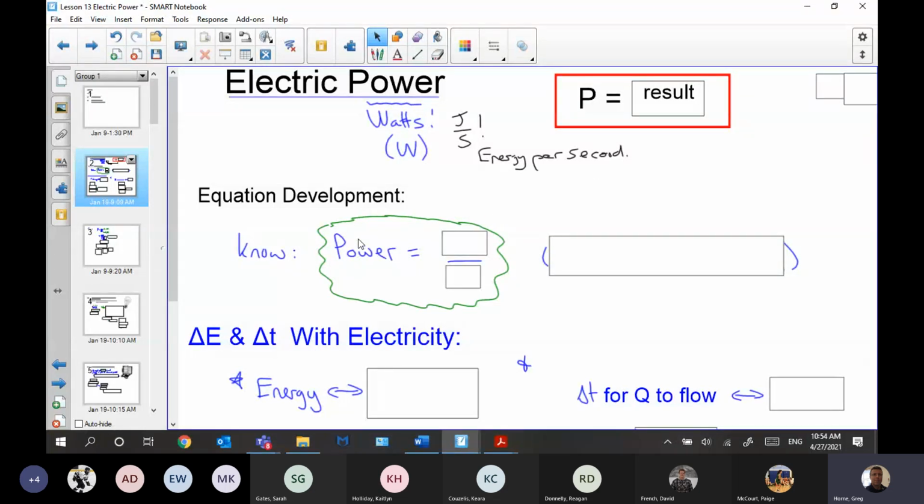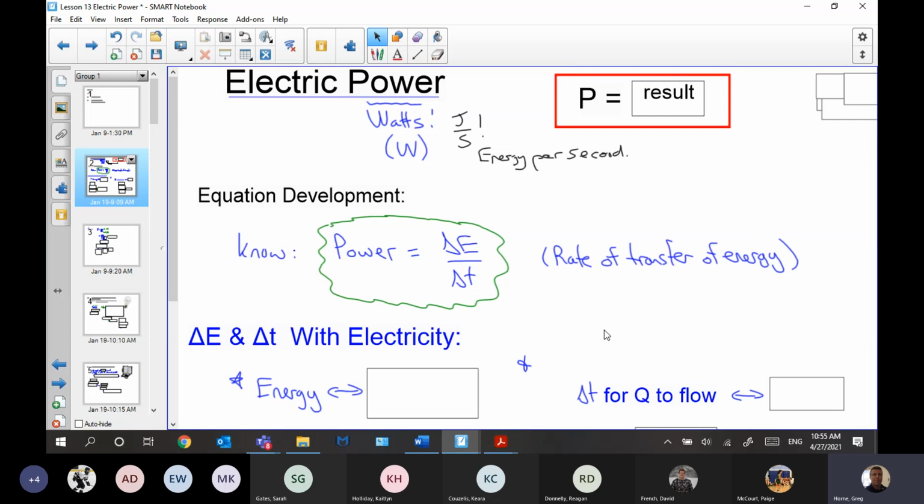So we're using our fundamental knowledge about power, being energy per time, as our starting point for figuring out the equation for electrical power. Okay, so we're starting with a known relationship, a known concept, and then building the new one from it.